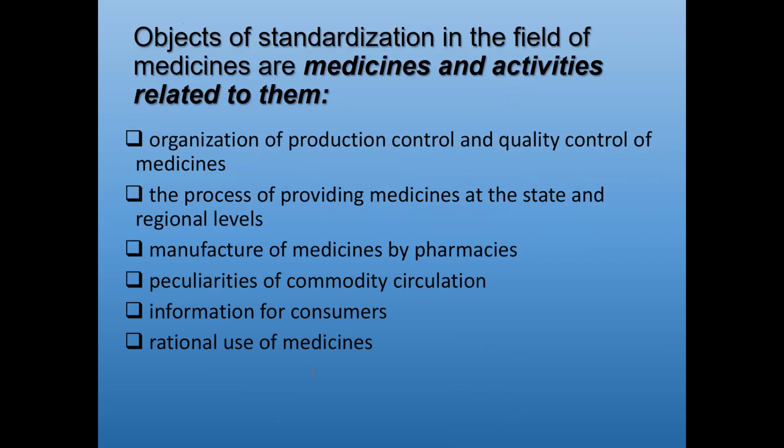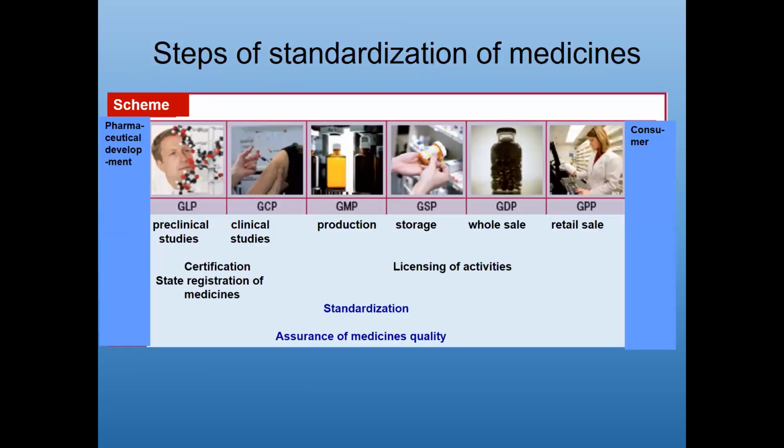Objects of standardization in the field of medicines are medicines and activities related to them, organization of production control and quality control of medicines, the process of providing medicines at the state and regional levels, manufacture of medicines, information for consumers, rational use of medicines.